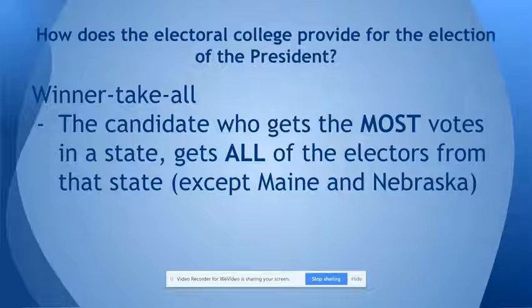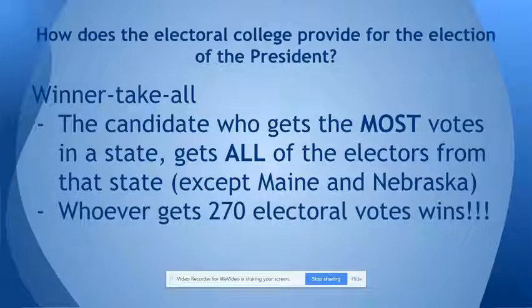Because everyone knows how each elector is going to vote, because they know which candidate won each state, the country is usually 99.9999999% positive which candidate will win the needed 270 votes to become president of the United States.